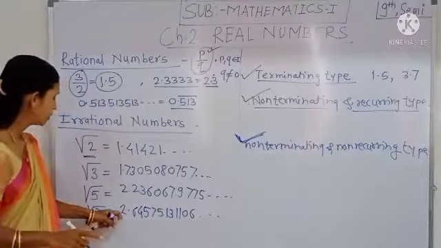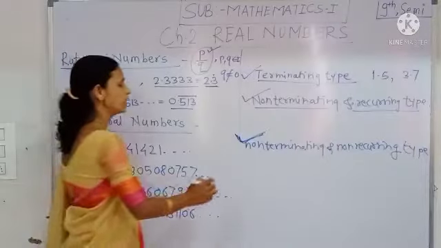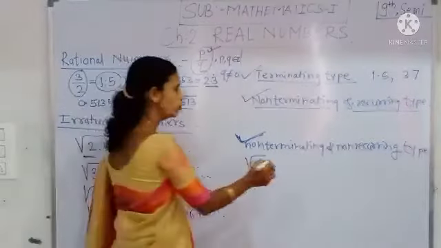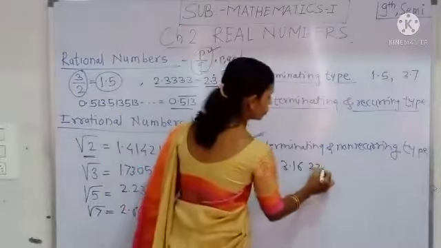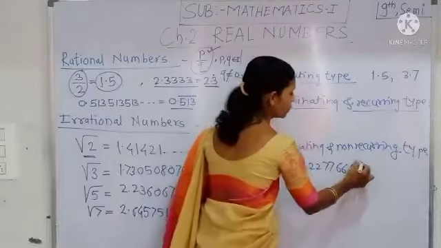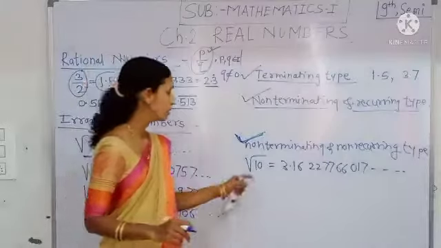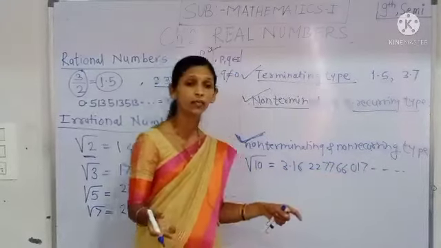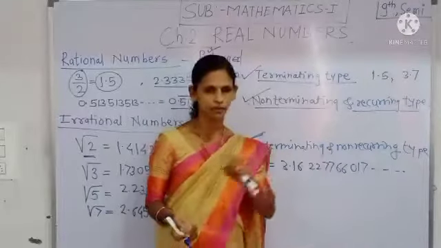As well as root 10, which has the value 3.162277666017. That means the decimal values of these numbers are non-terminating and non-recurring.